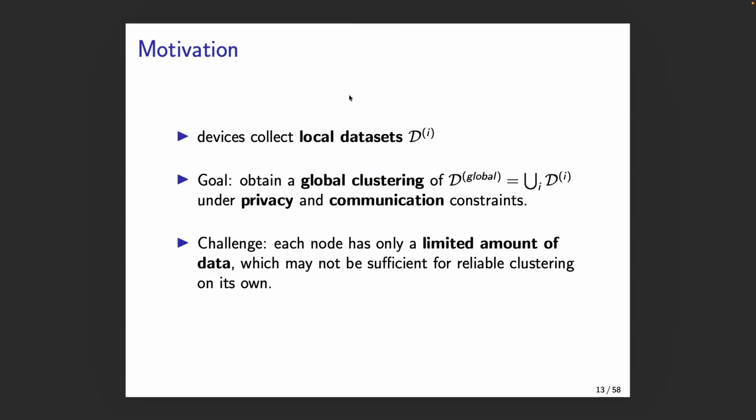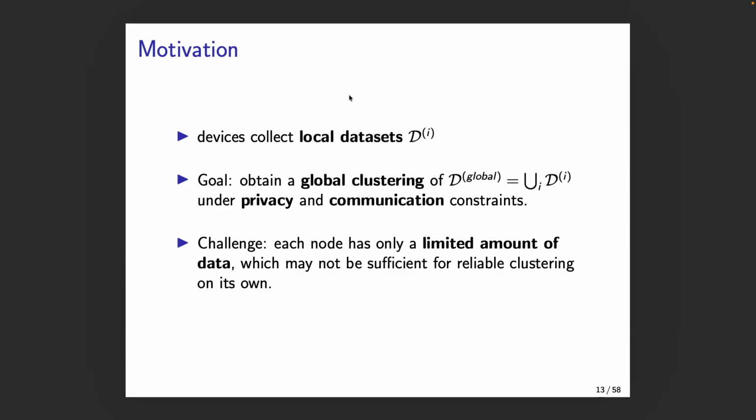So what is the motivation for federated clustering? We have a number of devices. Each one has a local data set called Di, and the goal is obtaining a global clustering of the total data set, as if we could access the global dataset, but under privacy and communication constraints.